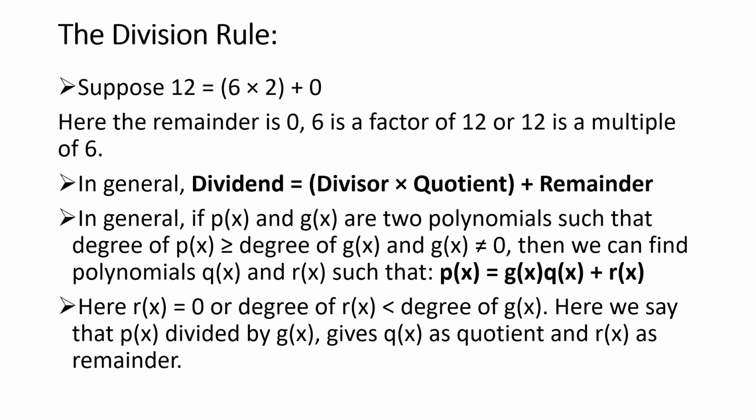Here r(x) is equal to 0 or the degree of r(x) will be less than the degree of g(x). So either the remainder is 0 or its degree is less than that of the given polynomial g(x). Here we say that p(x) divided by g(x) gives q(x) as quotient and r(x) as the remainder.